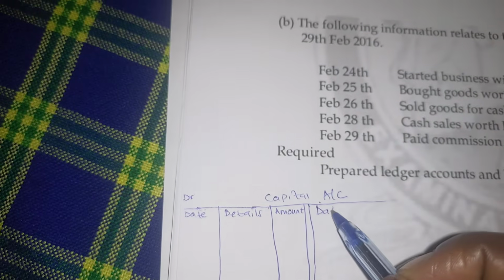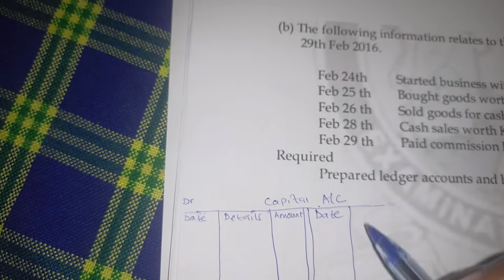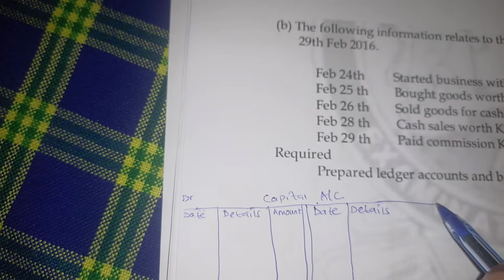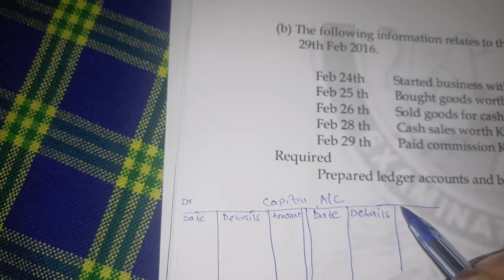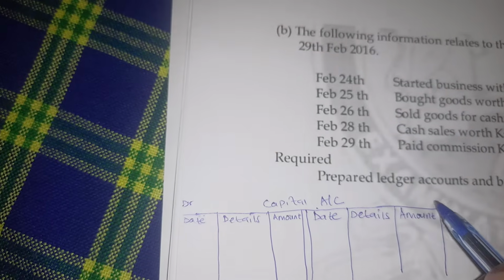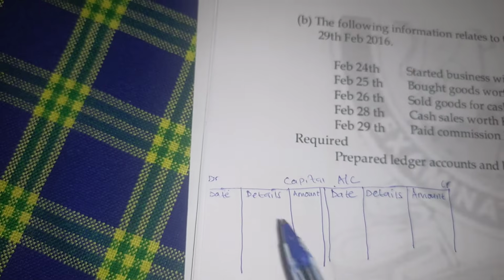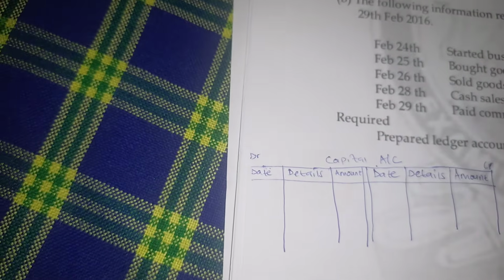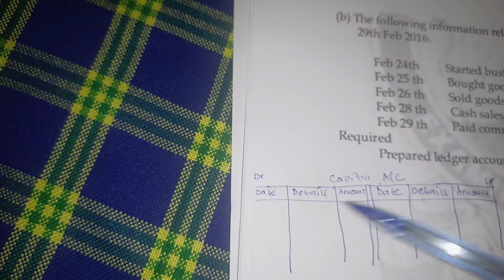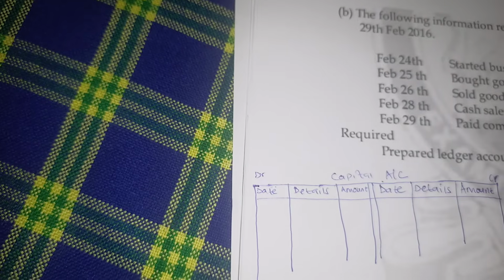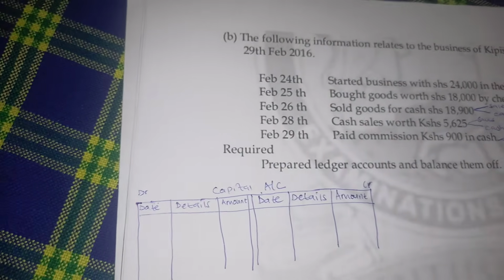Date, details, and the amount. This is the credit side. I've separated the debit and the credit side with the double lines.